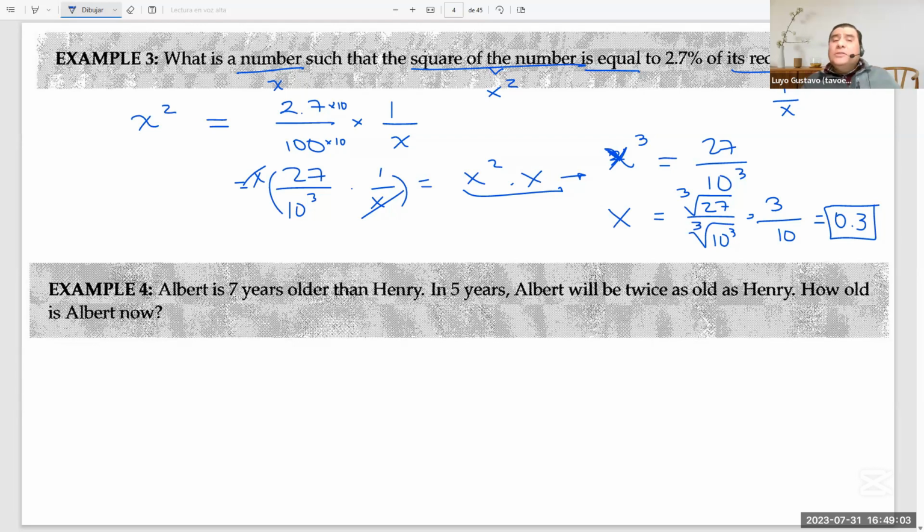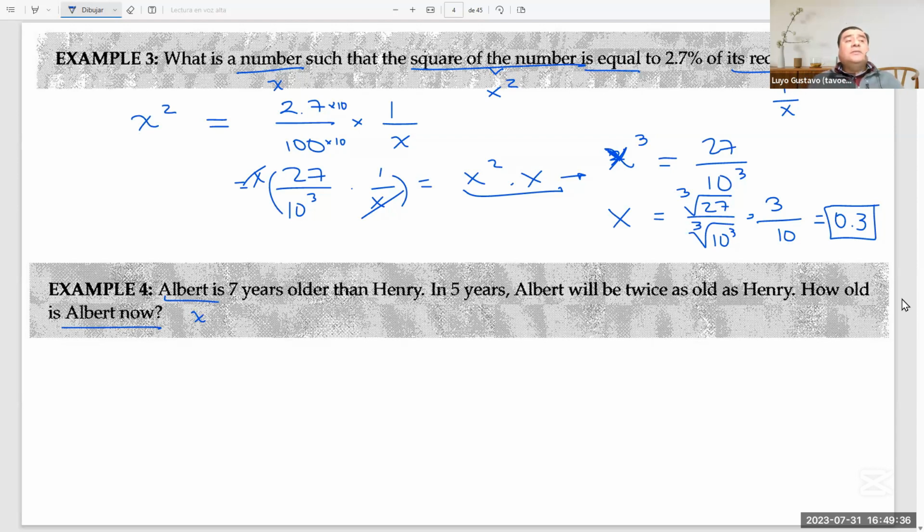Okay, we have several choices. Some people like to define just one variable. Say, for example, since I want to know what is Albert's age, I can define Albert's age as my variable or some other variable, okay? For example, what if I say here that this guy's age is x?